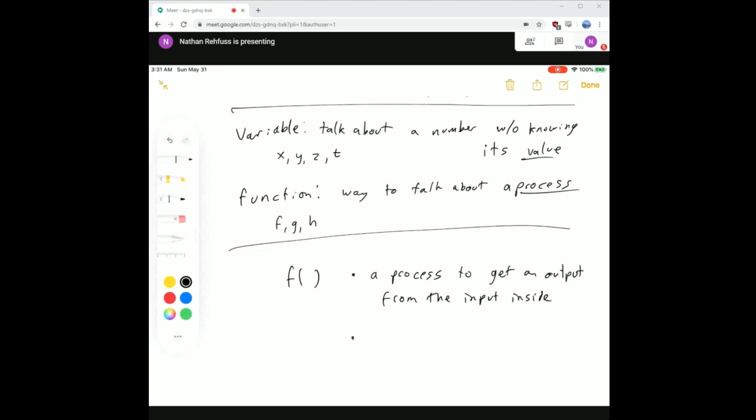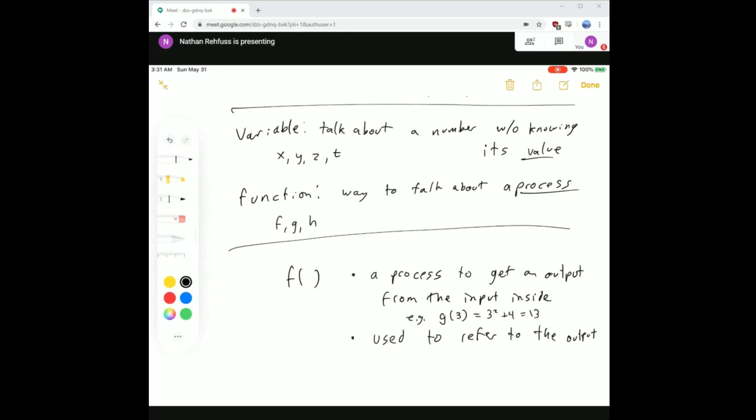But another use of this notation is to refer to the output. So I can use it as a process like g of 3 equals 3 squared plus 4, which was 13.